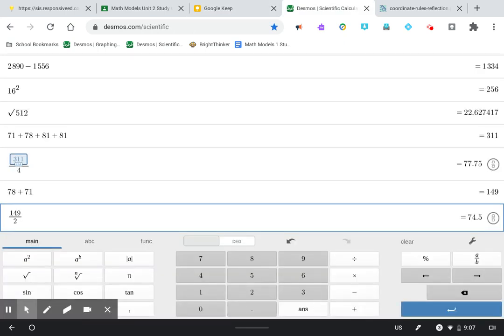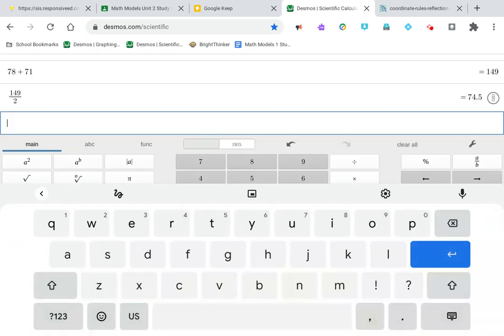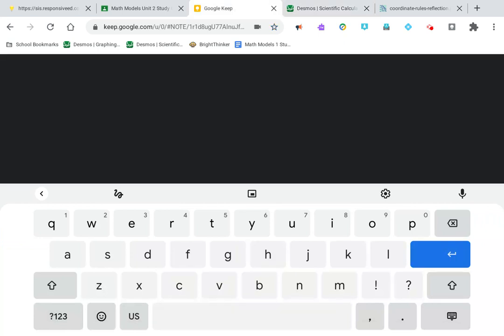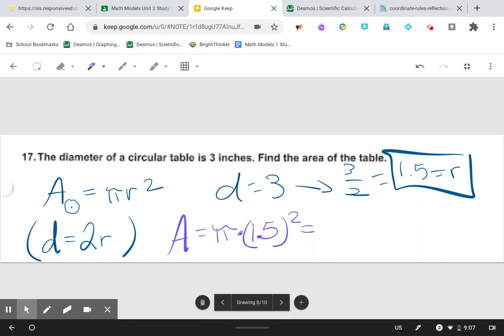So we'll go do that over here. Let's go to our next line here, and we find our pi value. Pi times 1.5 squared is 7.07 if you round it. 7.07 inches squared.